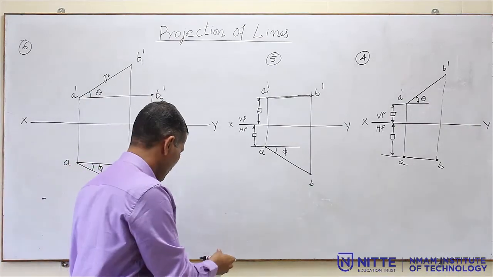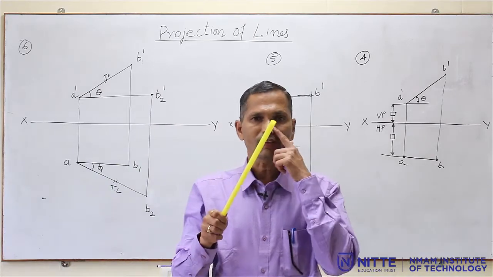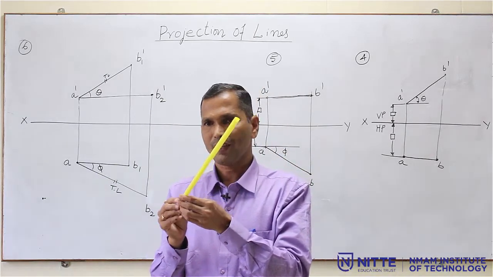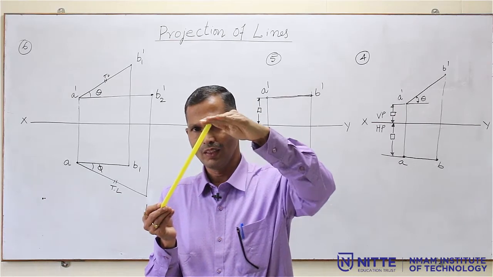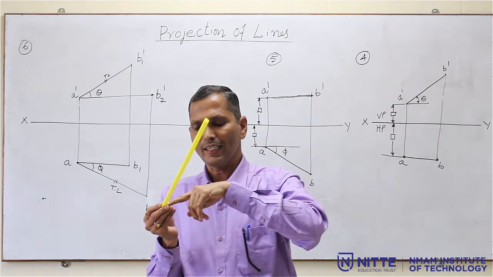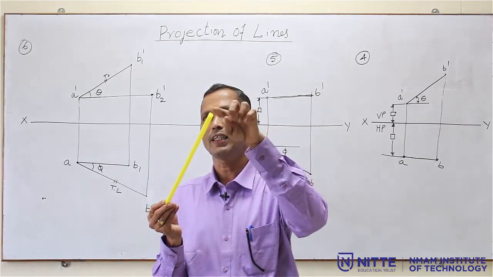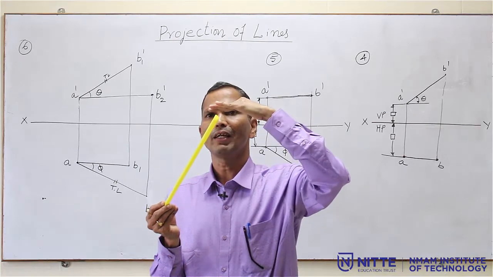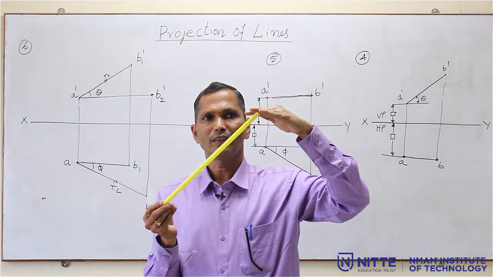Now, you have to make an observation here. This is the actual condition, inclined to both HP and VP, where the point A dash is here in this line. Where is B dash? B dash will be somewhere here in this line, at this level. Now, I have made some manipulation.